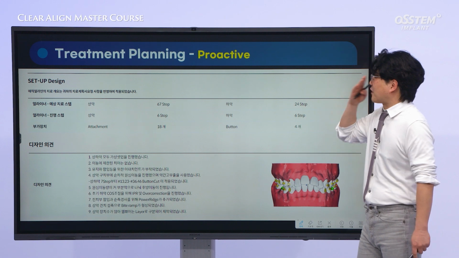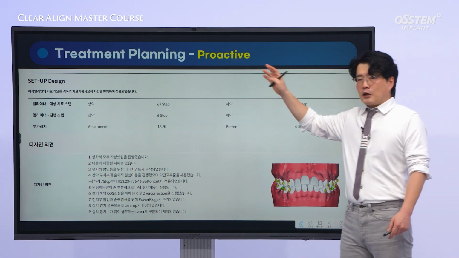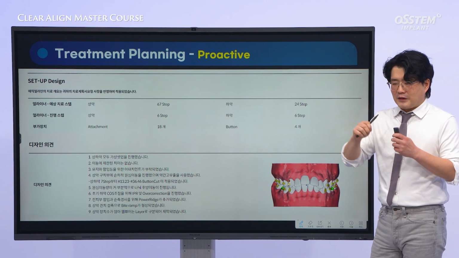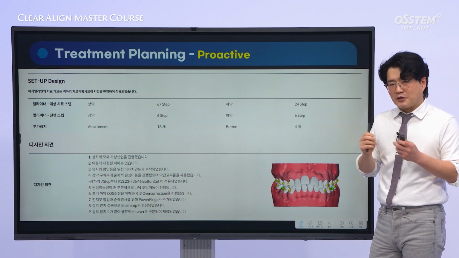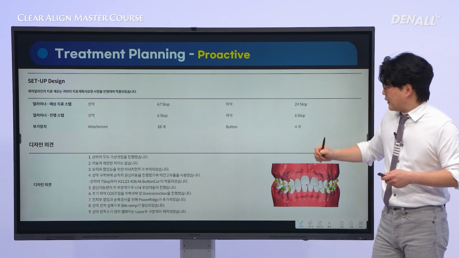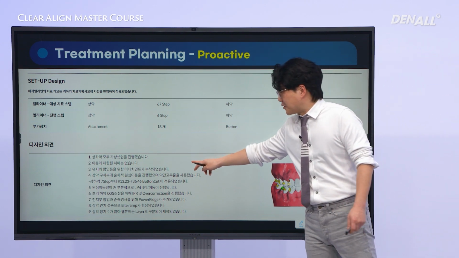And then lastly, I used the word proactive in the treatment planning phase. In the case of bracket orthodontics, it tends to be reactive. For a patient's visit every 4 weeks, we check the movement and respond accordingly. But with clear aligners, the treatment planning is made in the form of a setup in advance.